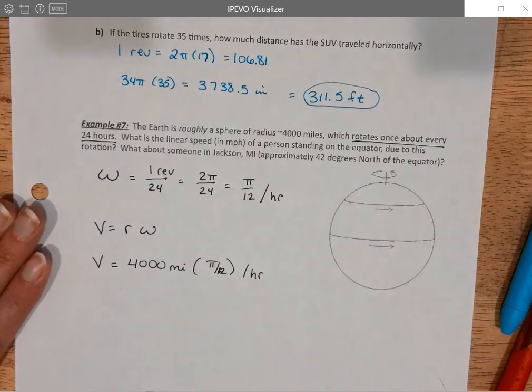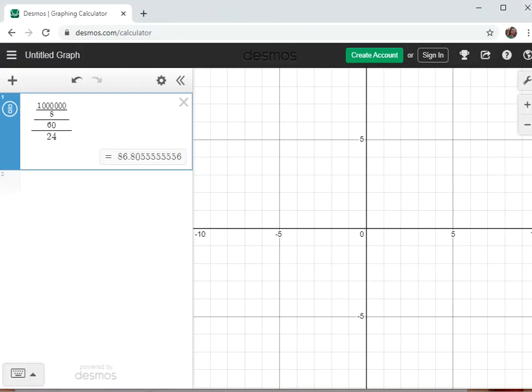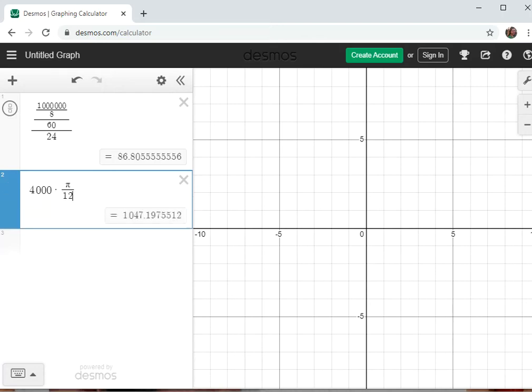Okay, just going to grab a calculator real quick. So I can divide: 4,000 times pi divided by 12 gives us an approximate speed of 1,047, we'll just call it 0.2 miles per hour at the equator.